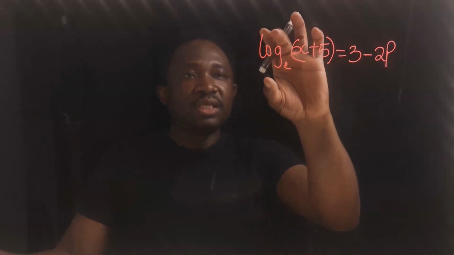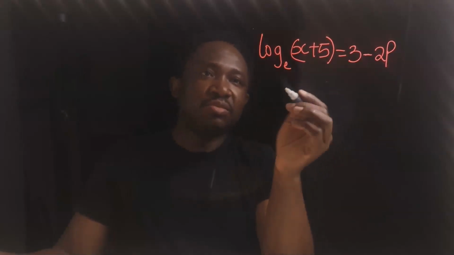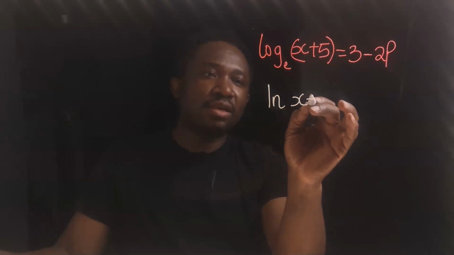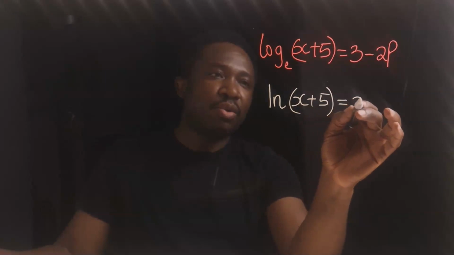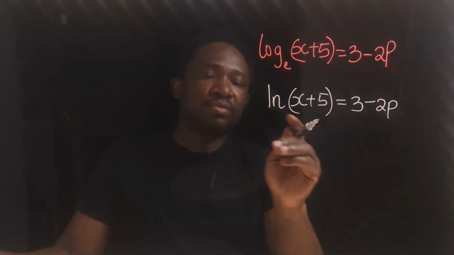We are going to make X the subject in this equation. To make X the subject, this is natural log. We are going to introduce exponential. This is the same thing as the natural log of X plus 5 in bracket, and we have on this side 3 minus 2p.